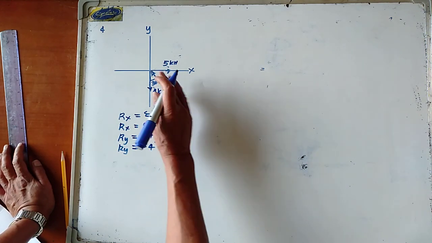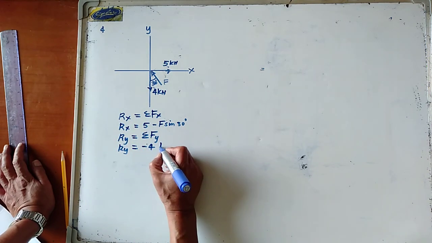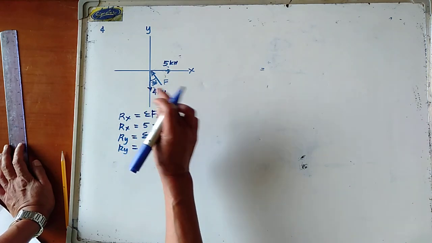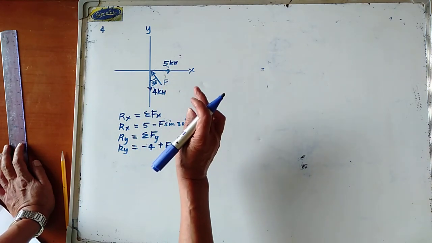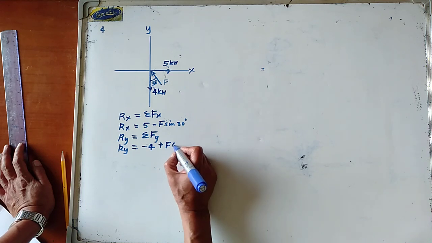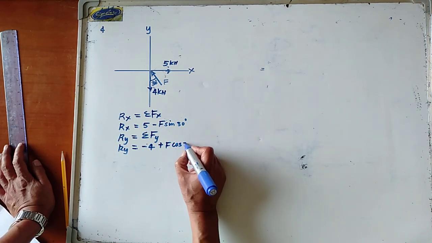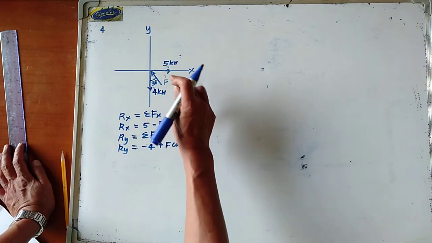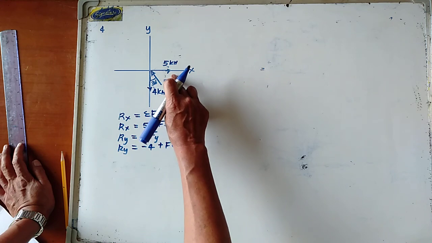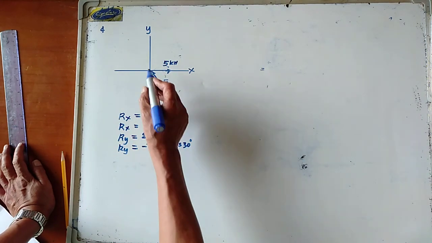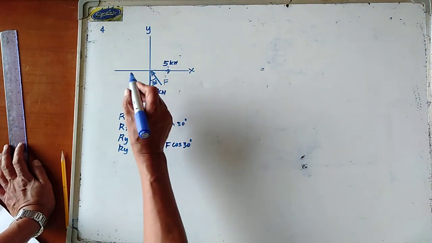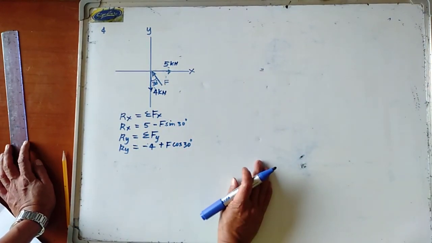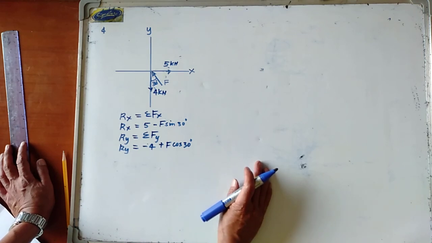And then we have F going up, so that is plus F cosine of 30 degrees. Again, the 5 kilonewton load has no component in the y-axis because it is along the x-axis.